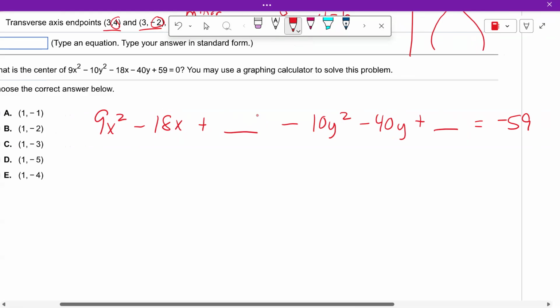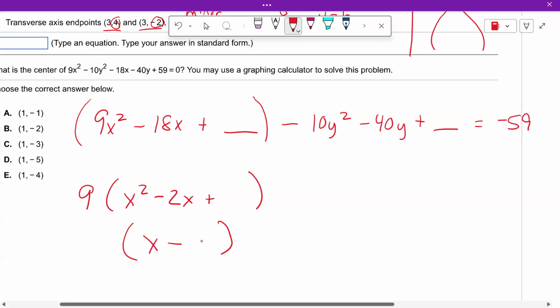So if we take just this part and we take 9 out, it's x squared minus 2x plus what? Well, what's half of 2? 1. 1 squared is 1. So then, if I have 9 on the outside and I put a 1 on the inside, it's negative 59 plus 9, because I really added 9 to this side.